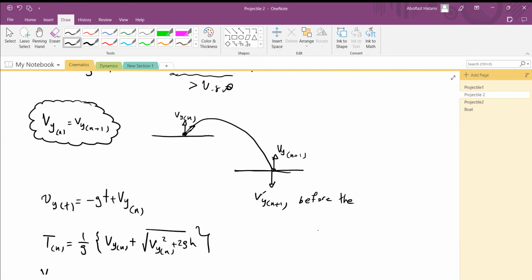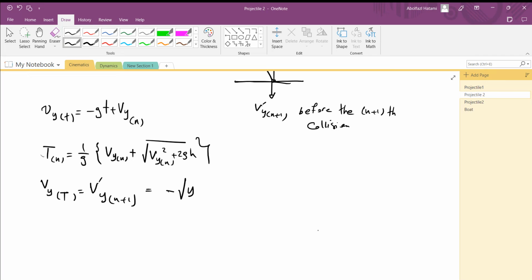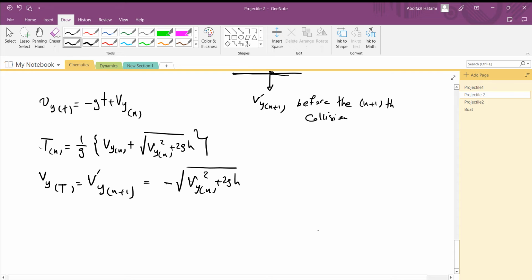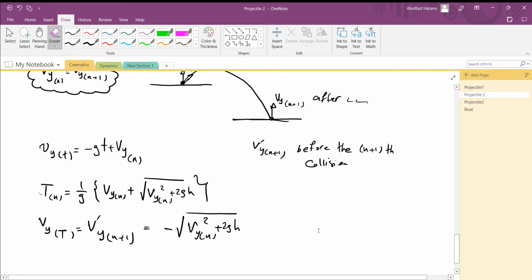So before the n+1th collision and just after the n+1th collision, vy is going to be v prime y n+1, which, if I substitute this t into this equation, is going to be something like minus radical vyn squared plus 2gh. And it is minus vy.